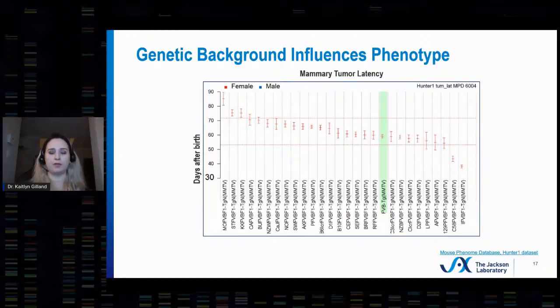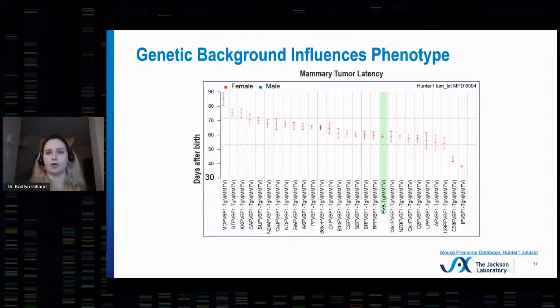Genetic background is known to influence phenotype. This example, which comes from the Mouse Phenome Database that I mentioned earlier, looks at the FVB strain. This was a model for mammary tumors. What they did was they took transgenic males and bred them to different female inbred backgrounds, and then they measured the tumor growth in the offspring.